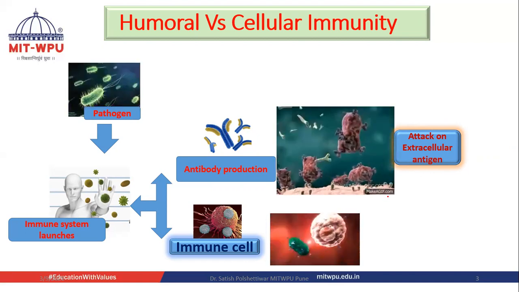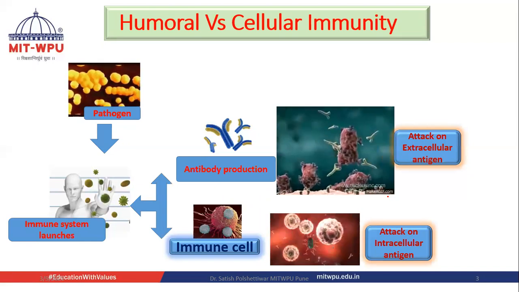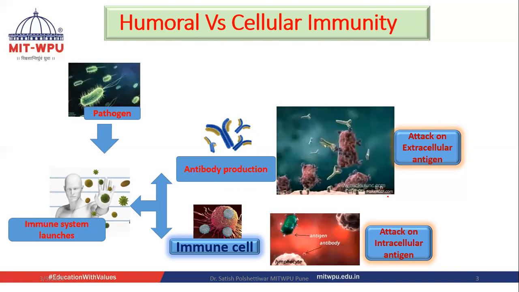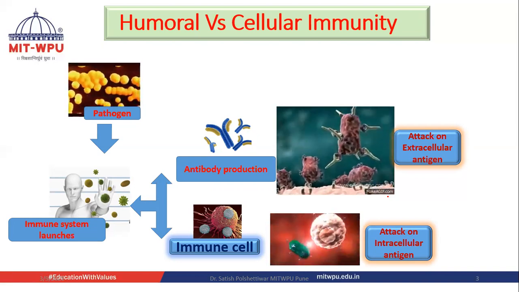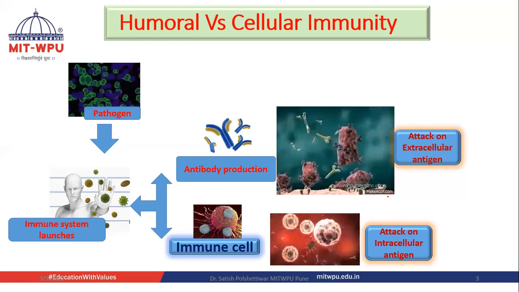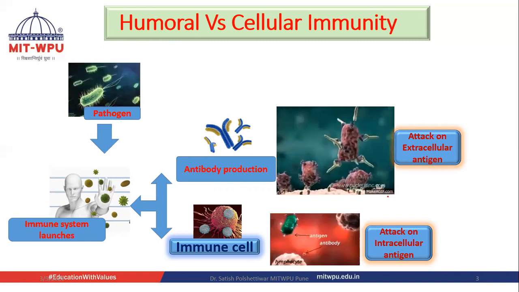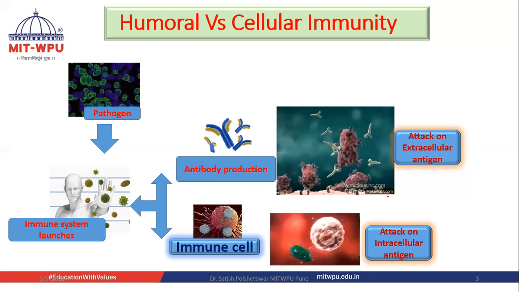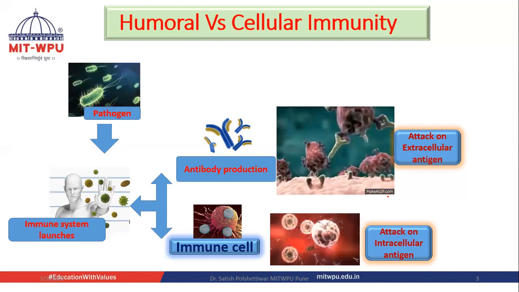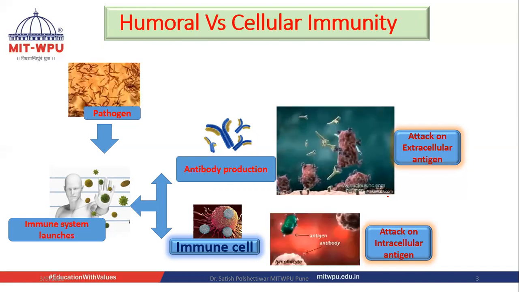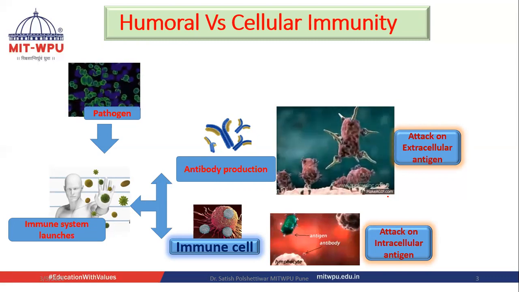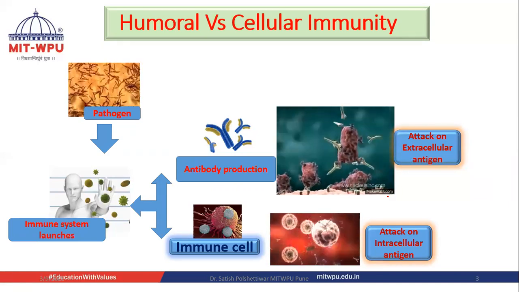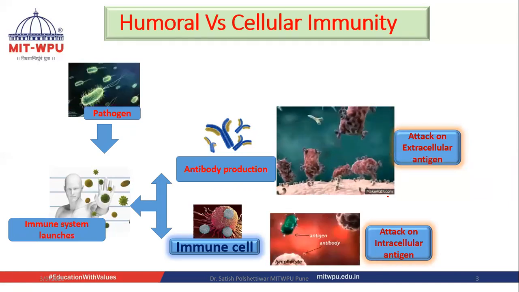The other way is the attack on intracellular antigens. Whenever the antigen goes inside the cell, cell-mediated immunity is initiated. Whenever antibodies are formed, we call that humoral immunity, while when immune cells are generated, we call that cell-mediated immunity, because it eliminates the antigen inside the cell, where the T cell is involved. In humoral immunity, the B cell is involved.